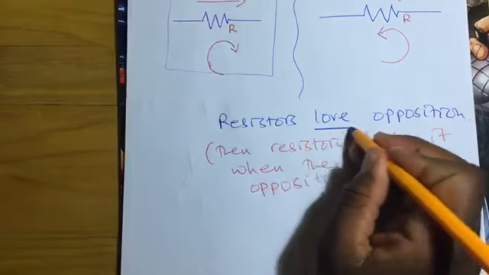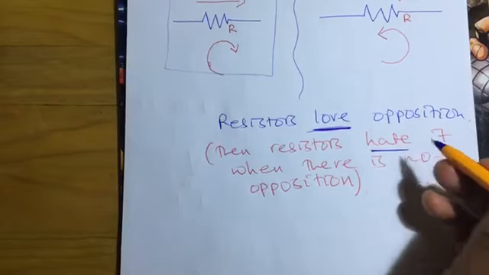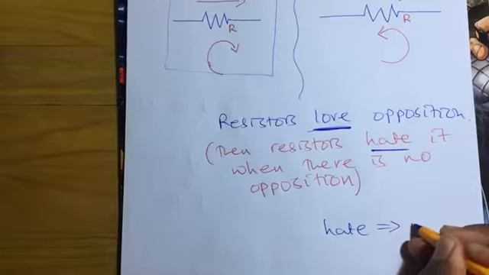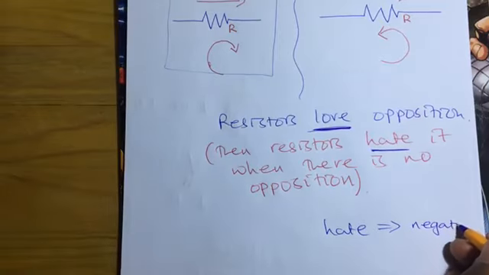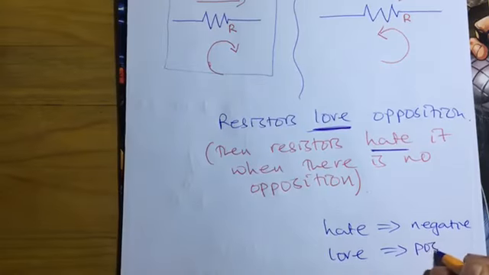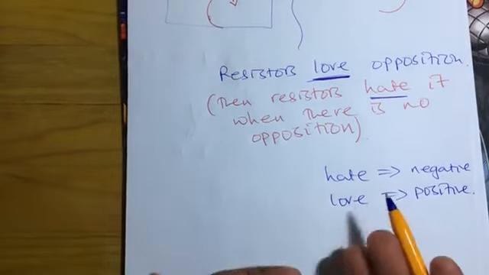When I use the word love here, and when I use the word hate here, hate is going to represent a negative, and love, obviously, is going to represent a positive. Because when you hate something, then you're sad.